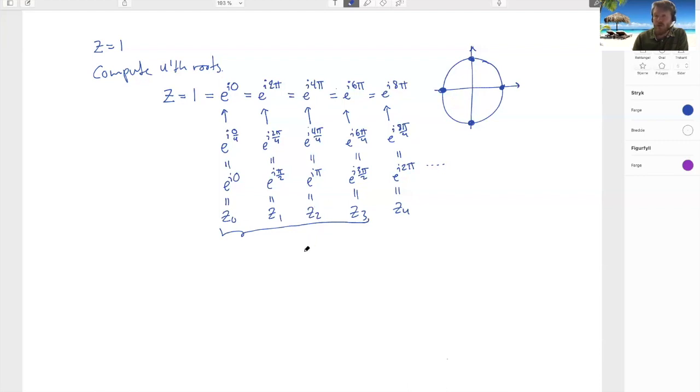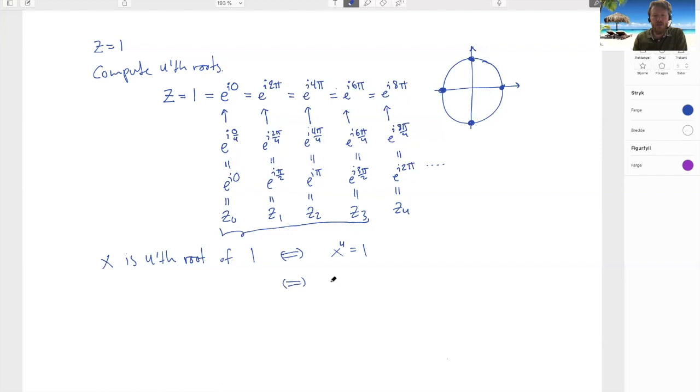So these guys here are the 4 different fourth roots of 1. So a natural question now is, have I found all 4th roots? Yes, I have. This actually follows from the fundamental theorem of algebra. So what does it mean? x is a 4th root of 1 if and only if it solves x to the 4 is equal to 1.